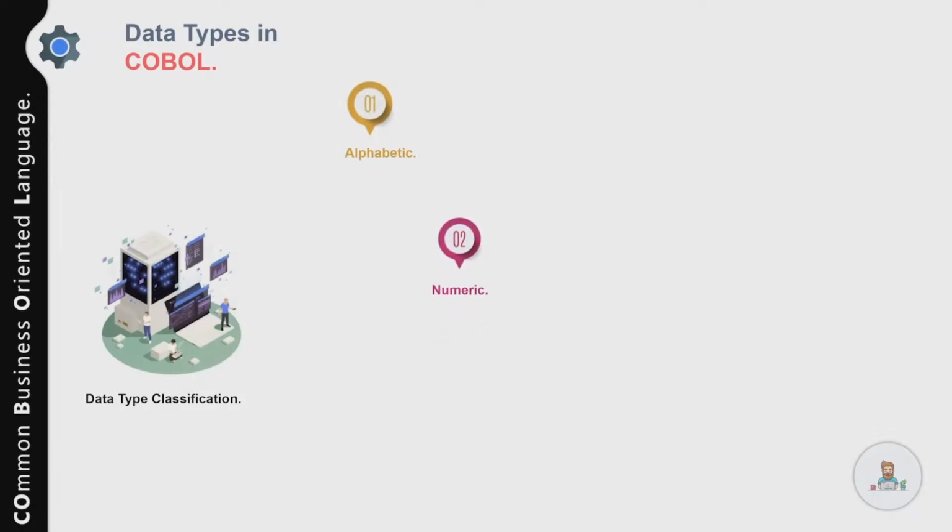So in COBOL, there are only three types of data. The first one is alphabetic, which is made up of upper and lower case letters. Then you have numeric, which is made up of digits, that is 0 to 9. After that you have alphanumeric data, which is made up of letters and digits. There are two more additional categories of data type, which are edited numeric and edited alphanumeric, and these two categories are an extension of numeric and alphanumeric.